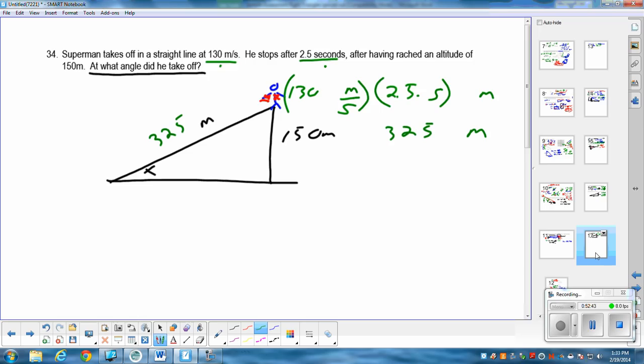And now we have the sides of our triangle. Because we know the opposite and because we know the hypotenuse, we are going to use sine of what we don't know equals 150 over 325.